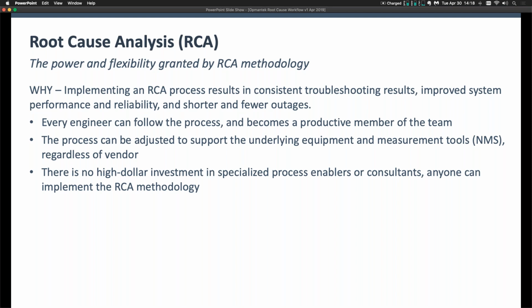or consultants. And that's really also the third thing there, is that pretty much anyone can implement a root cause analysis methodology. I was working with a smaller regional WISP just the other day, and they literally have an engineering team of 3 people. That's it. They've got a couple thousand customers.